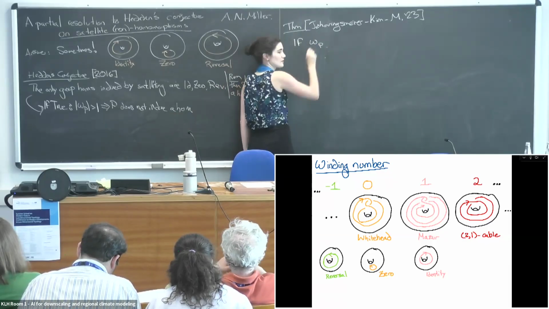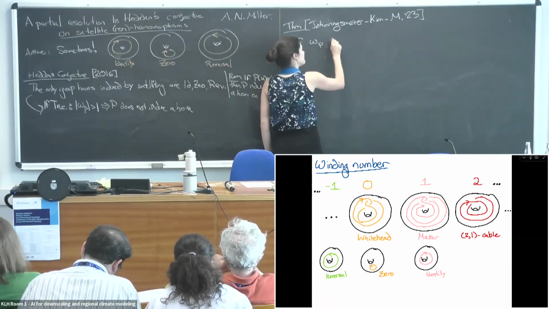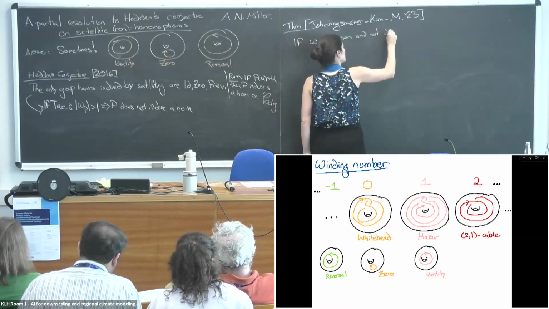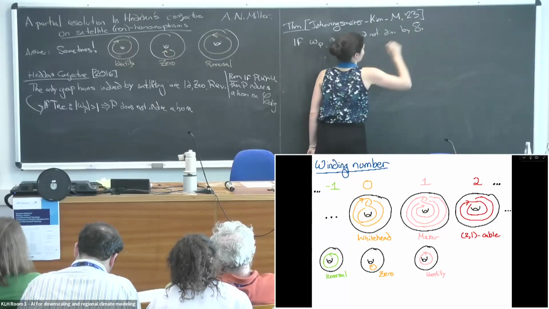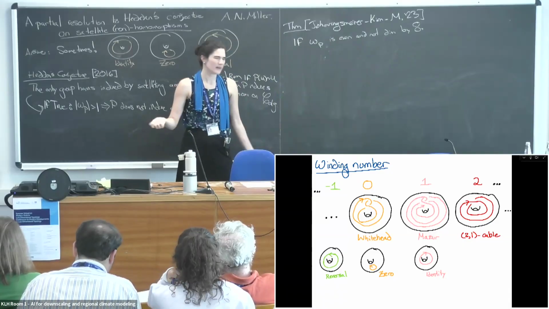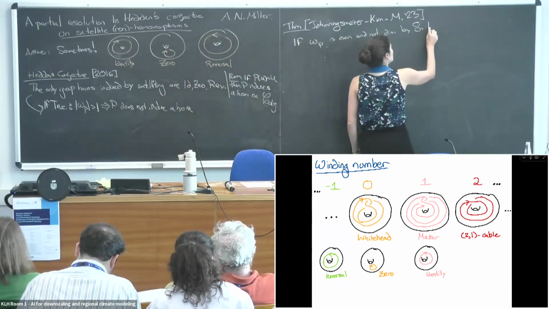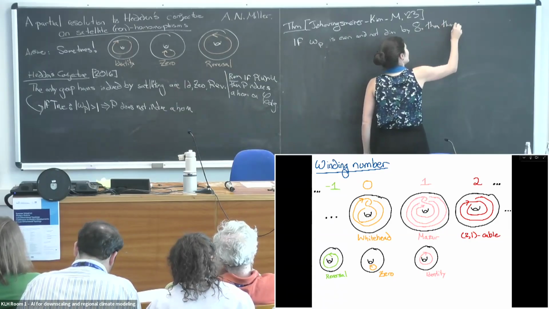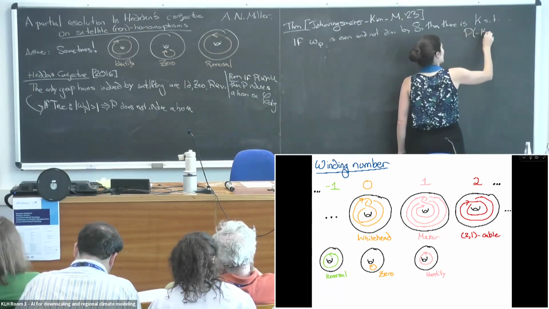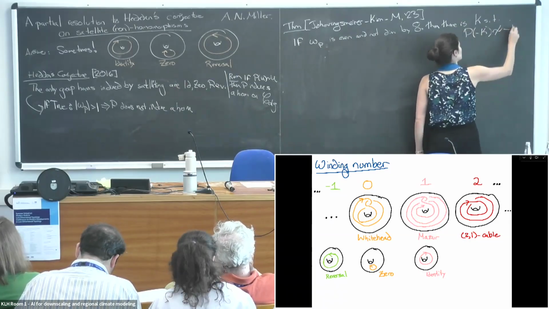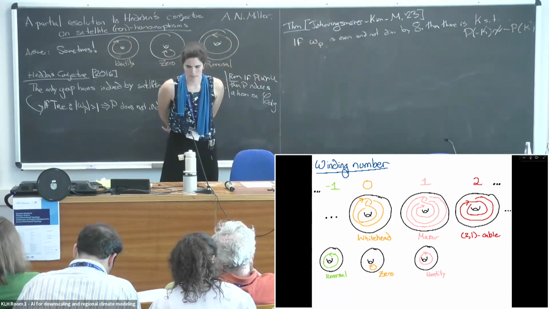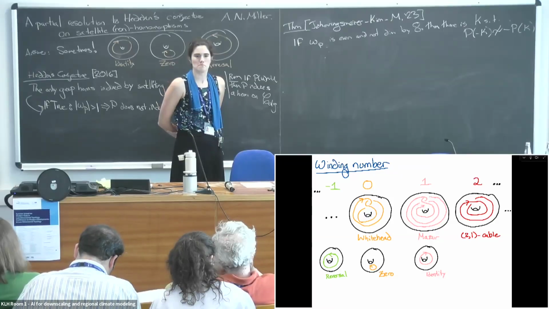If the winding number of P is even and not divisible by 8, then P does not induce a homomorphism, but in fact something a little bit stronger is true. Then there is a knot K such that P of minus K is not concordant to minus P of K. Here minus denotes the inverse in the concordance group, which is the mirror reverse.